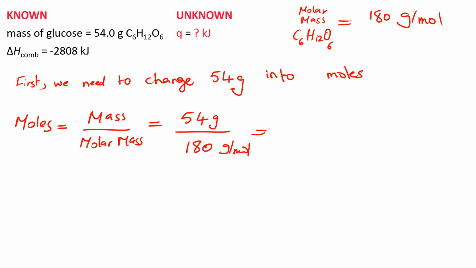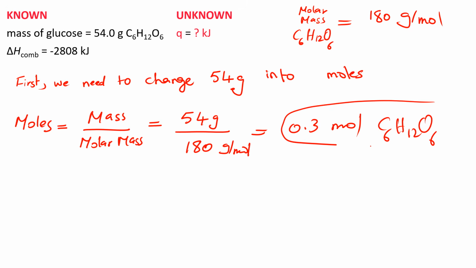So when you do that, the answer that you are going to get is 0.3 mole C6H12O6. So now I can do the following. I know that 1 mole is going to give me 2808 kilojoule من الطاقة.